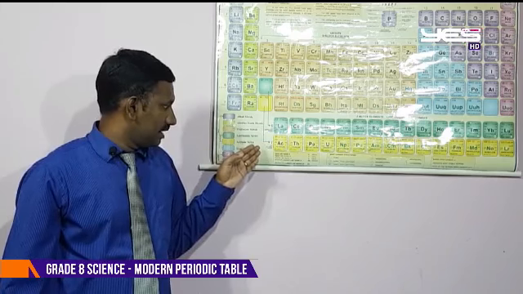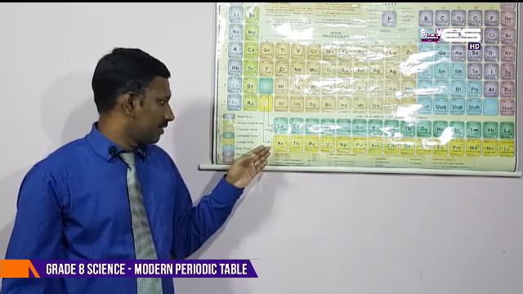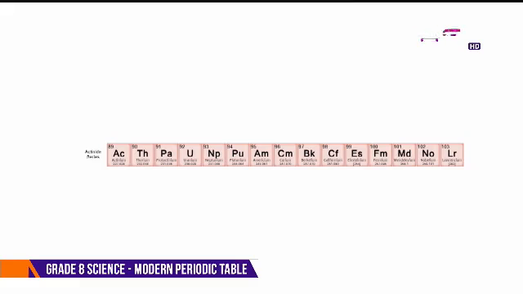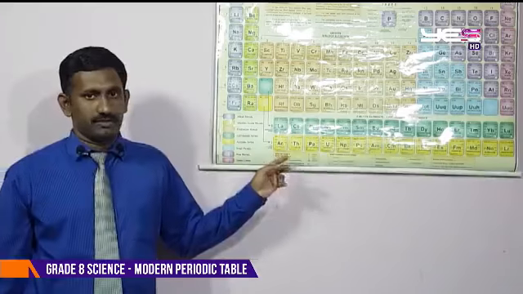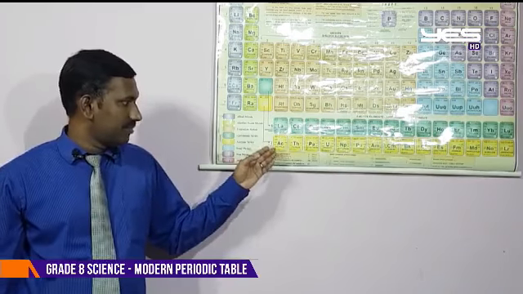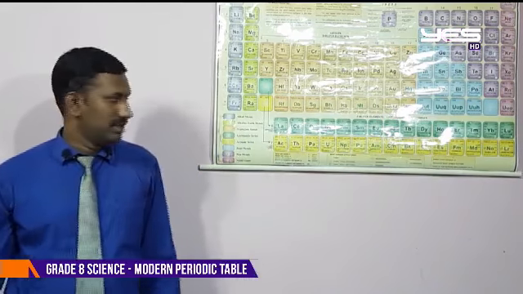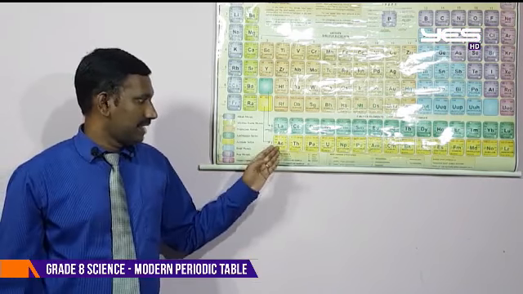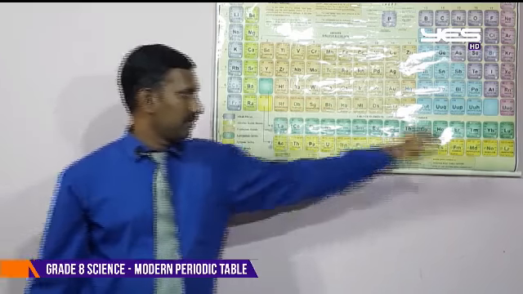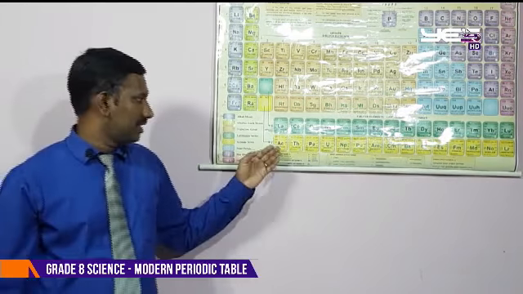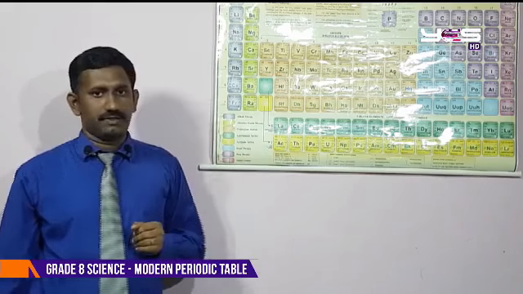Then the next row is the actinide series, which means the elements from actinium to lawrencium in the periodic table. The elements from actinium Ac to lawrencium are known as the actinide series.